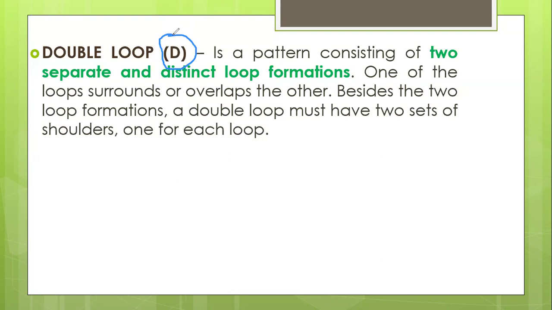Okay? Yes, there is a loop, but having two separate or distinct loop formations. One of the loops either surrounds or overlaps the other. Besides the two loop formation, a double loop must have two sets of shoulders, one for each loop.